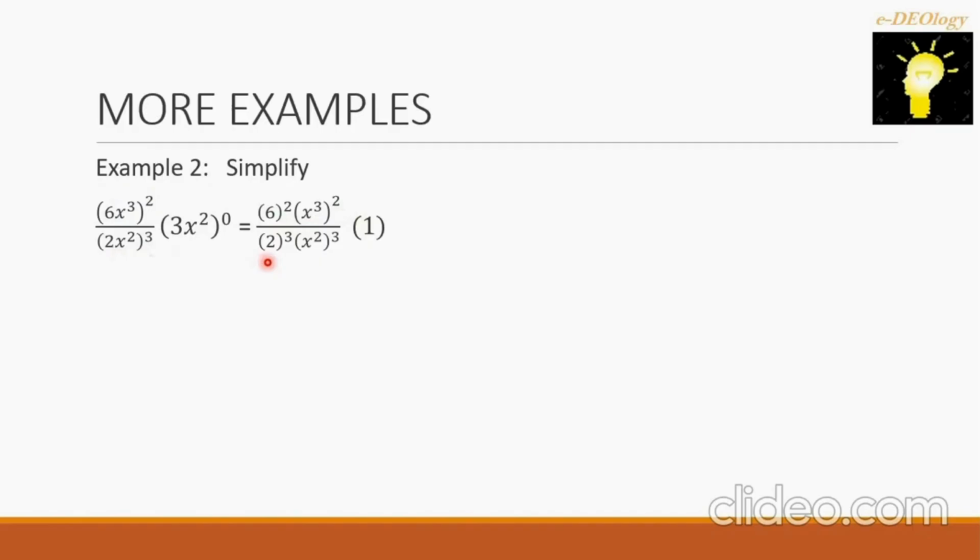And as you see here, 2 with power 3, the x squared with power 3. For this term with all raised to 0, this 3x squared is now consumed into a value equal to 1. And then we're going to simplify the terms in the numerator and in the denominator.